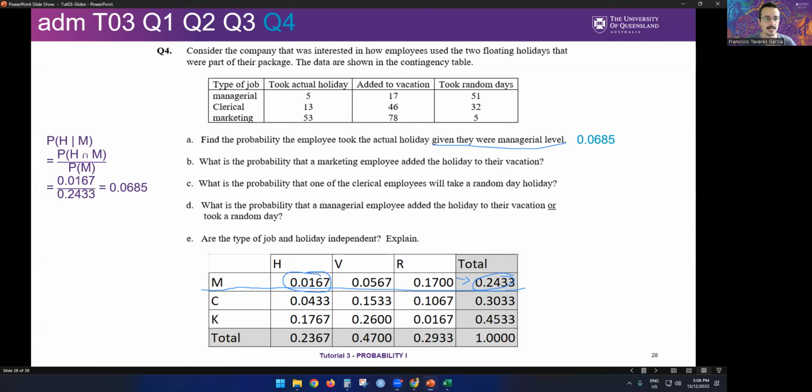So V for vacation, given you are marketing, and I use the K for marketing. Yes, excellent, all right, thank you. So V over K, it's 0.7574. Finally, C, not too different. What is the probability that one of the clerical employees will take a random day holiday? So we're only talking about clerical.